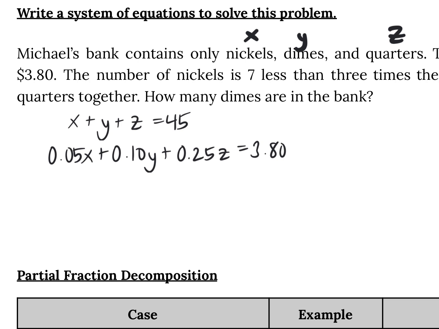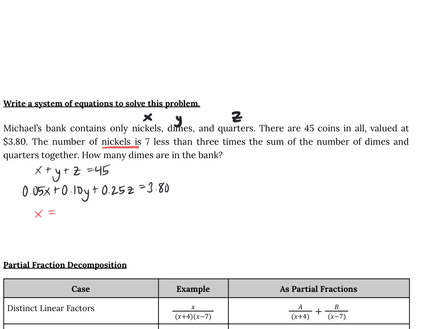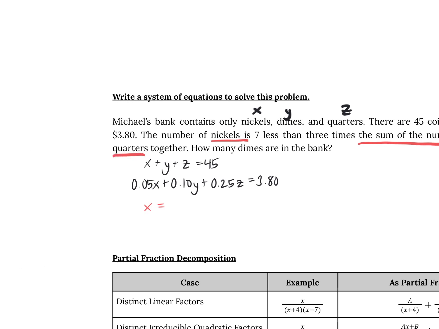And then this last one's a little tricky. So we know that the number of nickels is, so we're going to say X is equal to, let's work backwards because it says 7 less than 3 times the sum. So let's do the sum first. It says the sum of the number of dimes and quarters together.